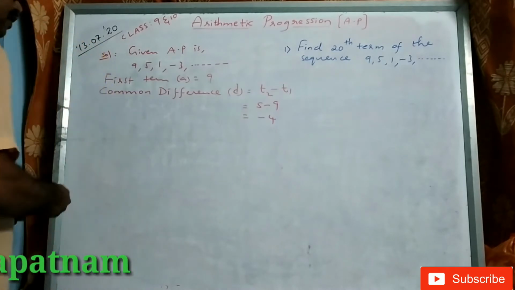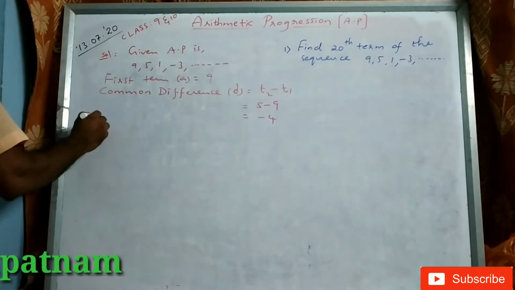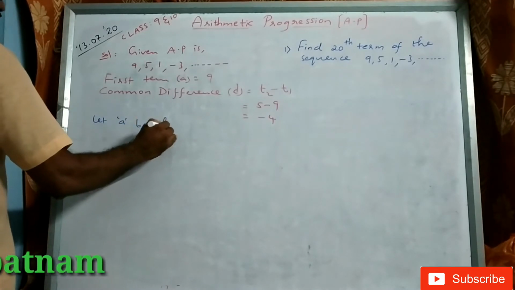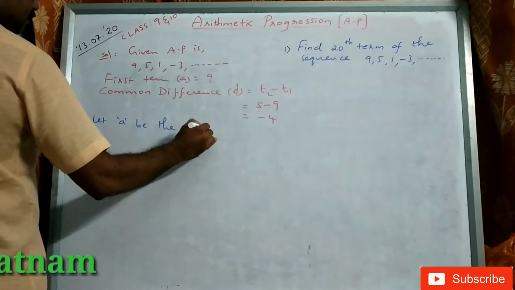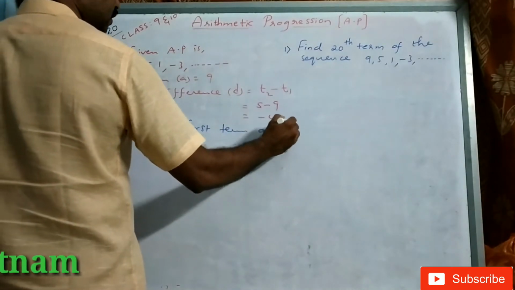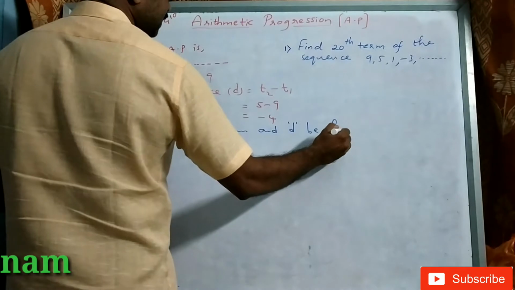Now you write the formula here. What is the formula to find the nth term of an AP? Let a be the first term and d be the common difference.